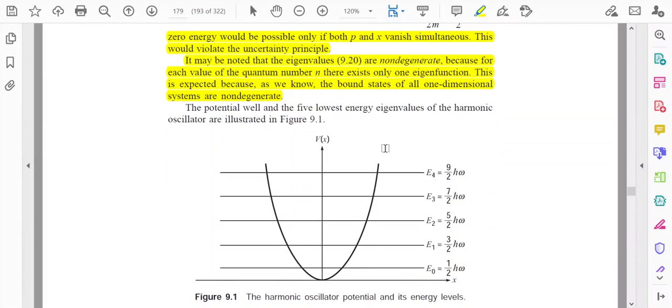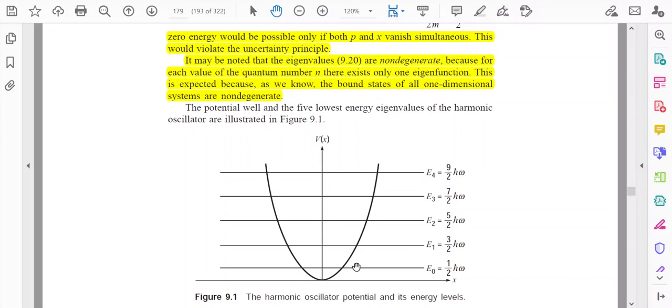And if we plot the energy values in the potential energy diagram, it will look like this. In the previous lecture, we discussed that the potential function can be expressed with a parabola. This line is the parabola, representing the potential V equal to half k x square.